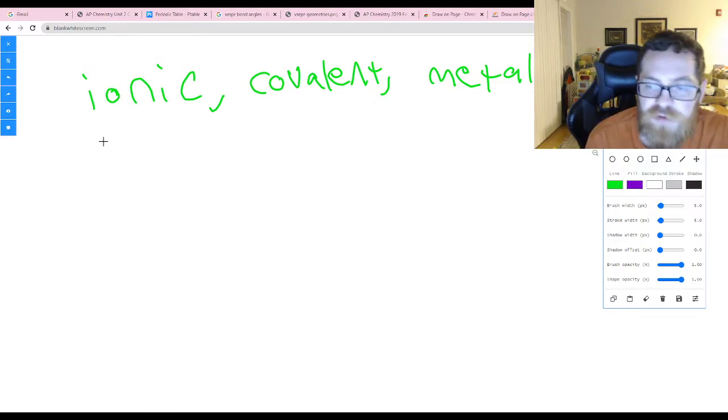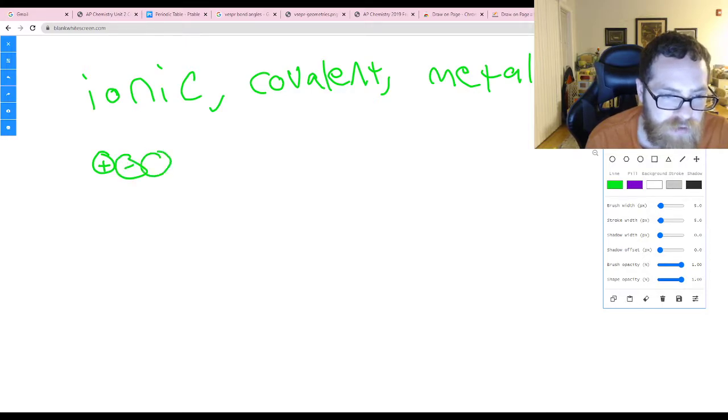An ionic bond is a bond which is formed by positive and negative ions holding each other together. And what you get is an array of atoms.